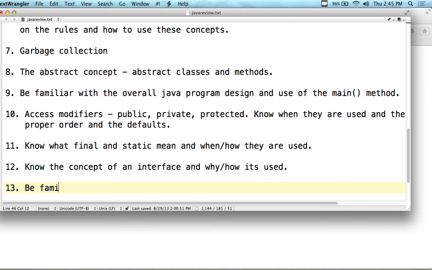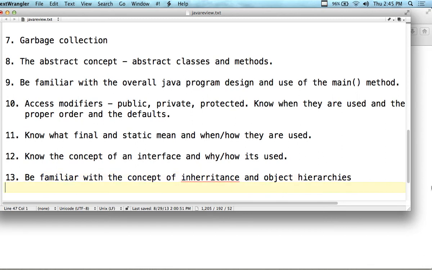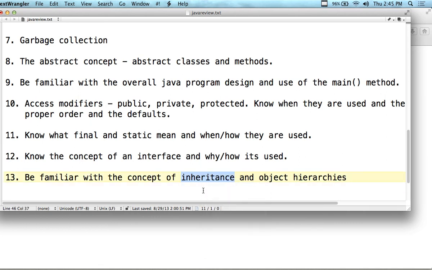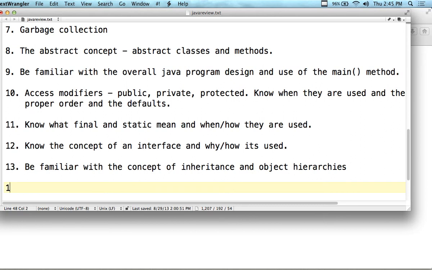Be familiar with the concept of inheritance and object hierarchies. Oh, I spelled hierarchies right. That's a bonus.